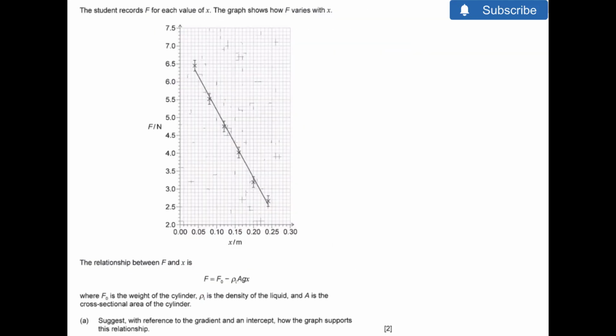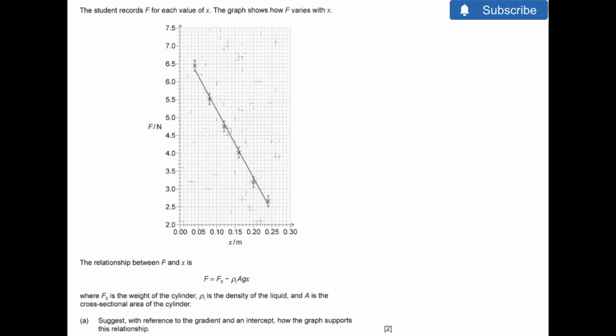In the first case, the student records the value of F against the value of x, and the relationship observed is F = F0 - ρL A g x, and this is the graph as drawn. F0 is the weight of the cylinder, ρL is the density of the liquid, and A is the cross-sectional area of the cylinder.